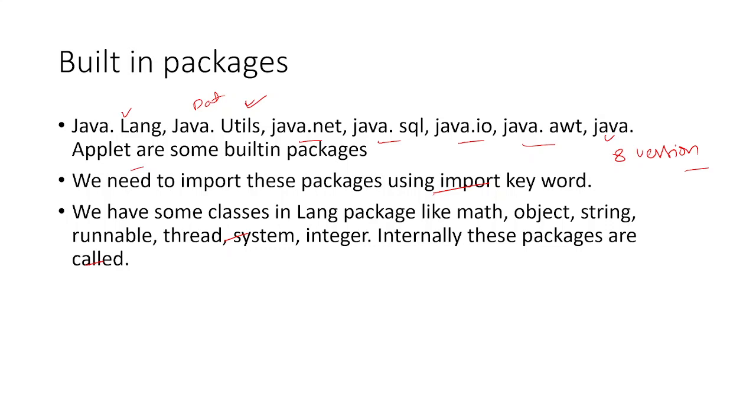The java.net package is used for networking, java.sql to perform SQL operations like inserting, java.io to perform input output operations, and java.awt is used to create buttons, search areas, and components like radio buttons and checkboxes. All these things we can create by using java.awt.